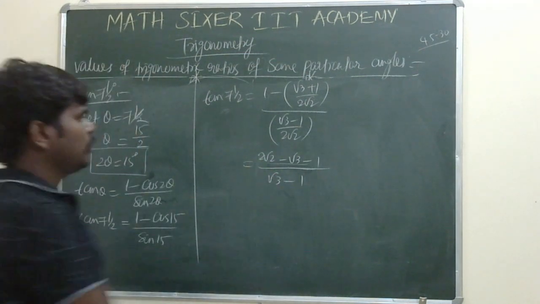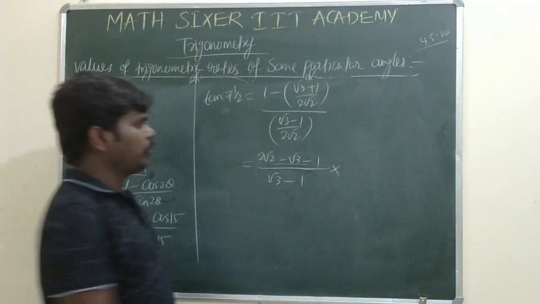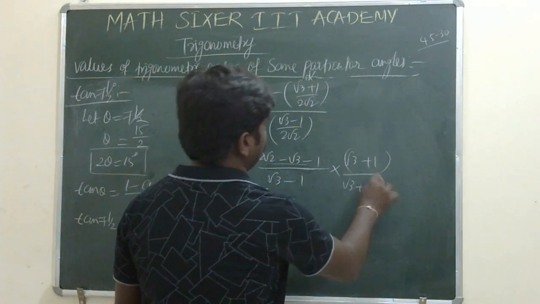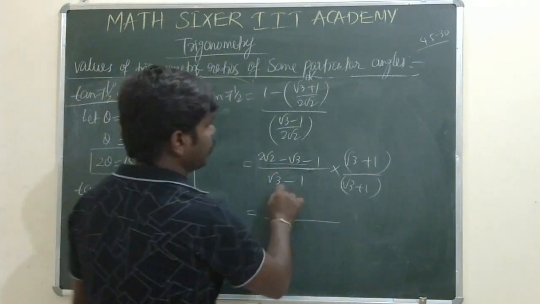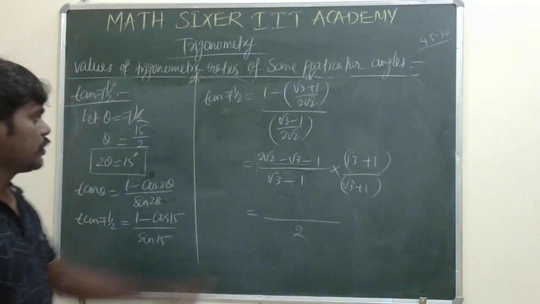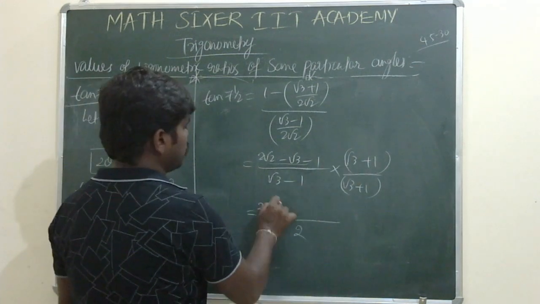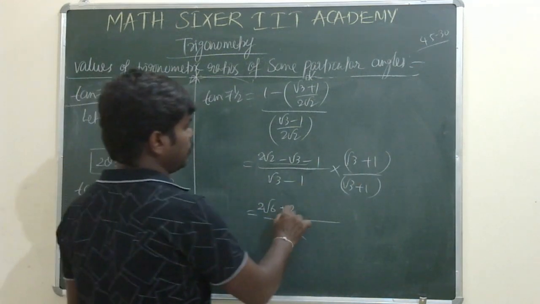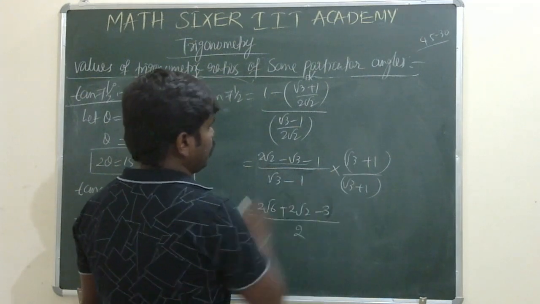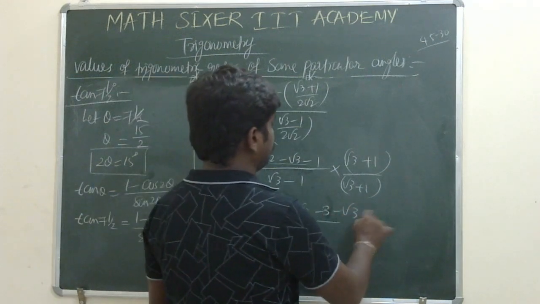Now we have an irrational number in the denominator, so we have to make it rational by multiplying and dividing by its conjugate. In the denominator you will get 2, because 3 minus 1 is 2. In the numerator, multiply term by term: 2 into root 3 becomes 2 root 6, plus 2 root 2, minus 2 root 3 into root 3 becomes 3, and next minus root 3, minus 1.